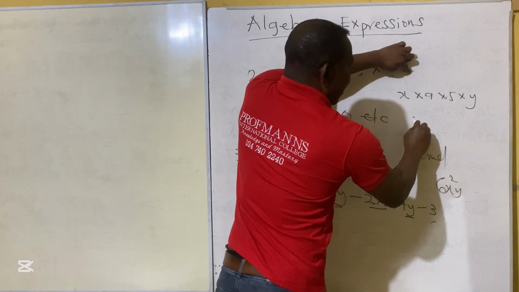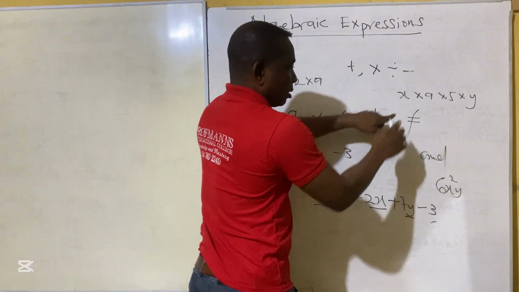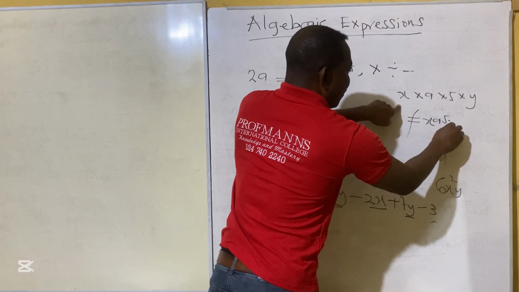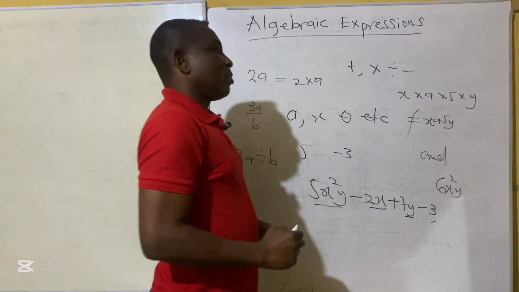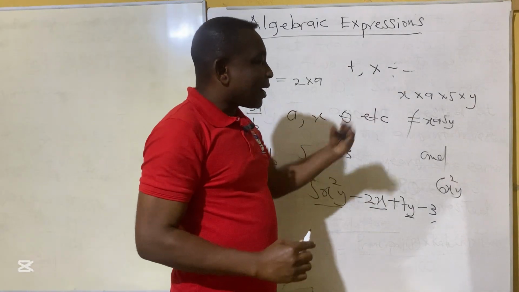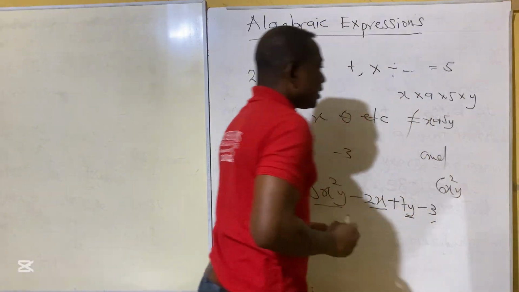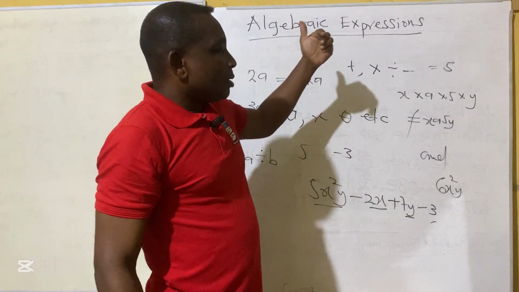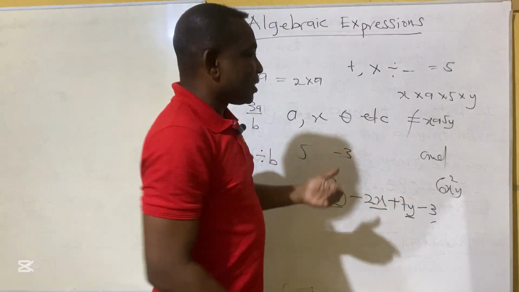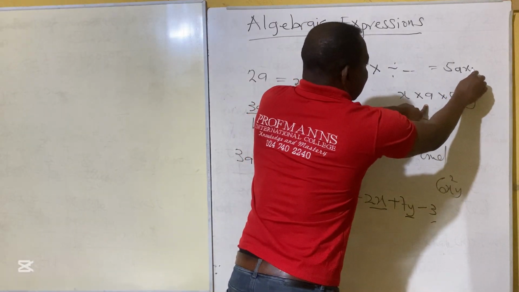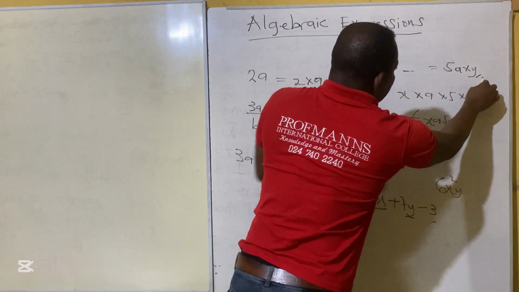When you multiply, it is not x, a, 5, y. No. Always the number comes first. So it's going to be 5. And then you list the variables in alphabetical order. So it's going to be 5ax y.